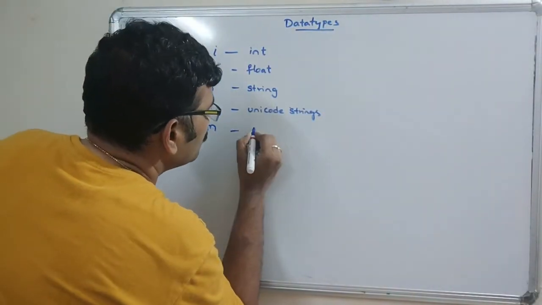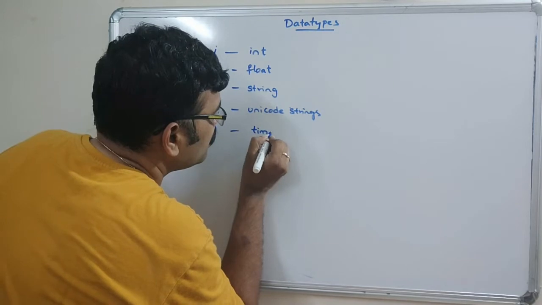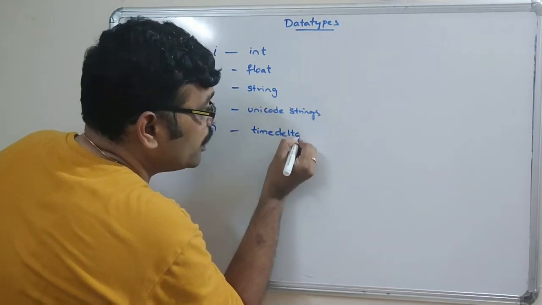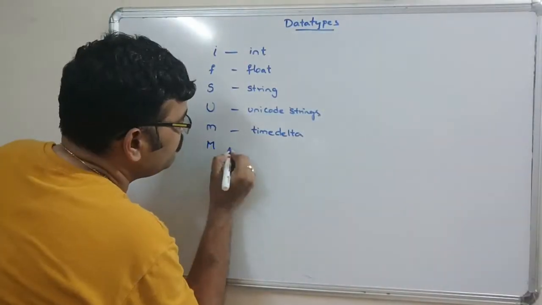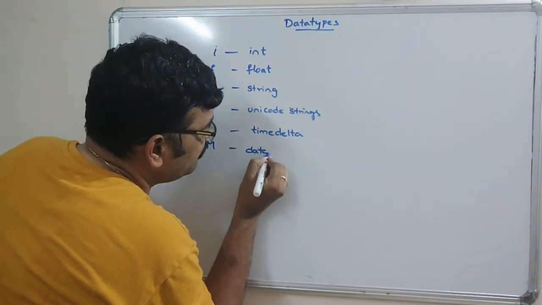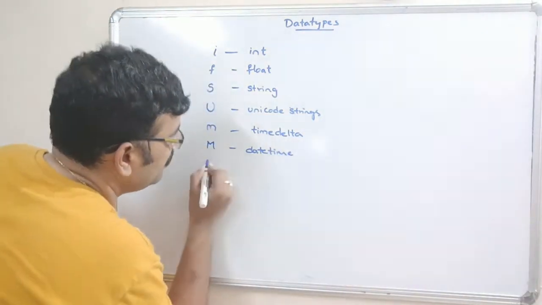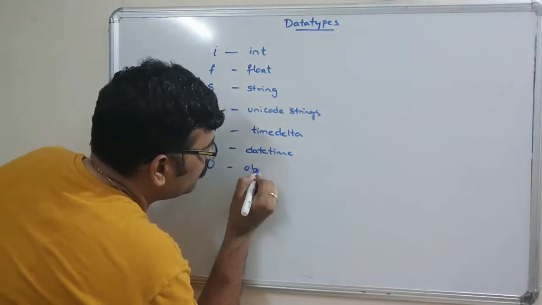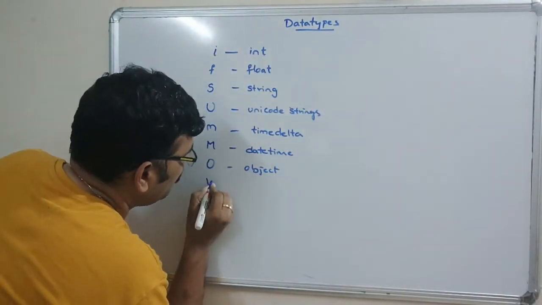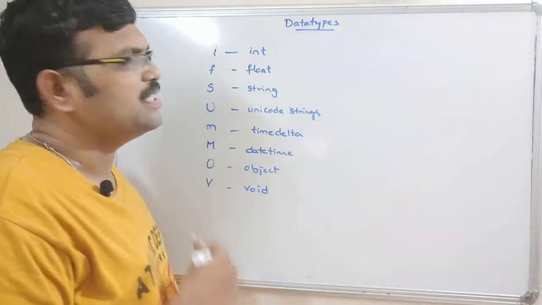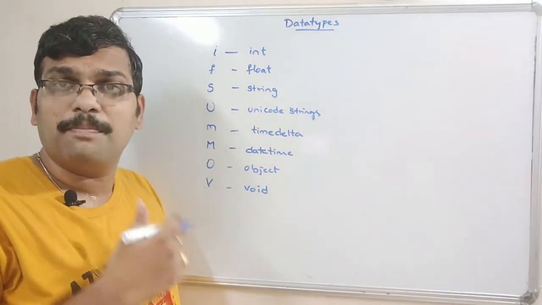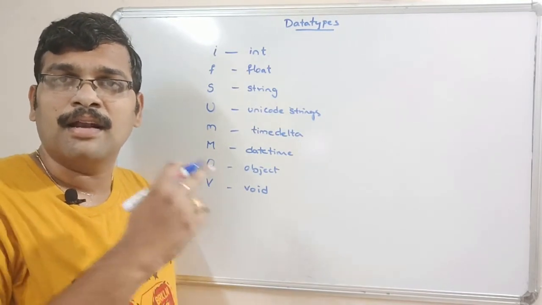Small m for timedelta, which we have discussed in the earlier sessions, right? Capital M for datetime, capital O for object, capital V for void, right? So these are a few data types which can be used to represent the arrays in Numpy.